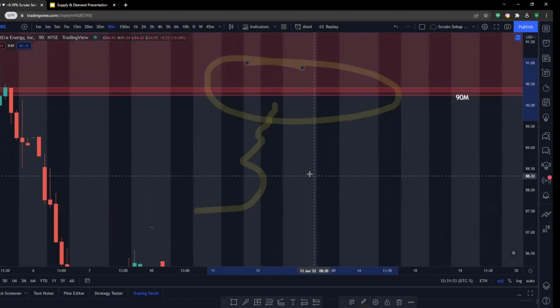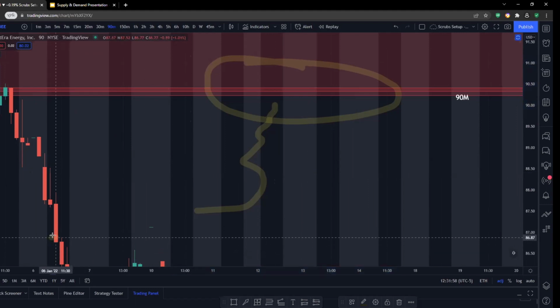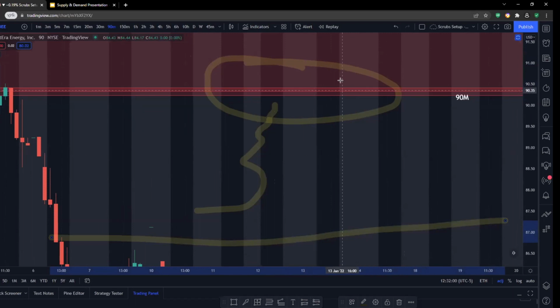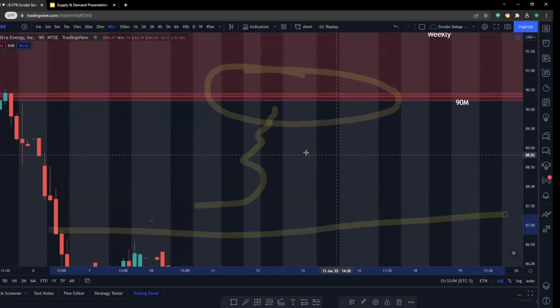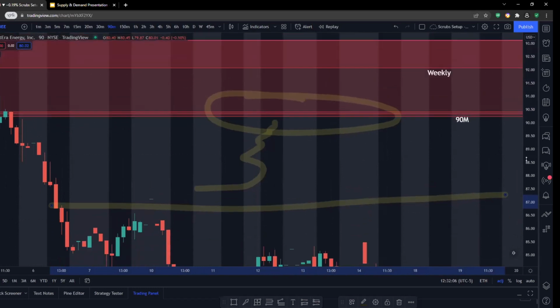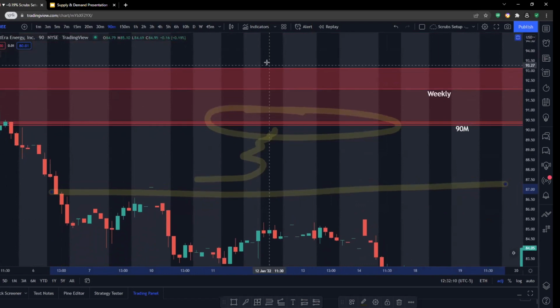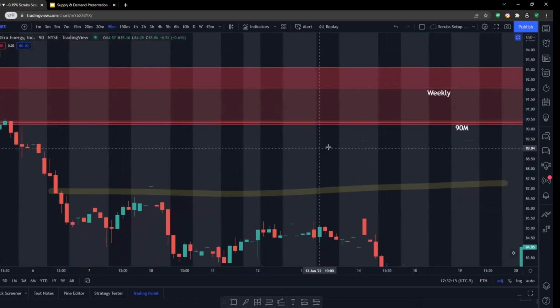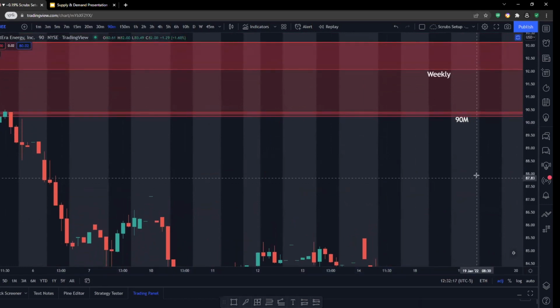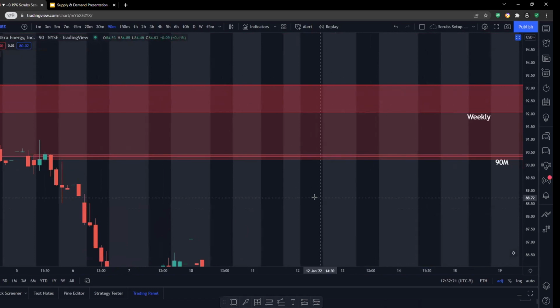So if we're entering calls right here, we know our stop loss would be underneath where we entered, and our profit target would be in one of these supply zones. We already know that because of this large selling wall. This is the beautiful part of supply and demand: you already understand where your major targets are. This is a major selling wall, right?